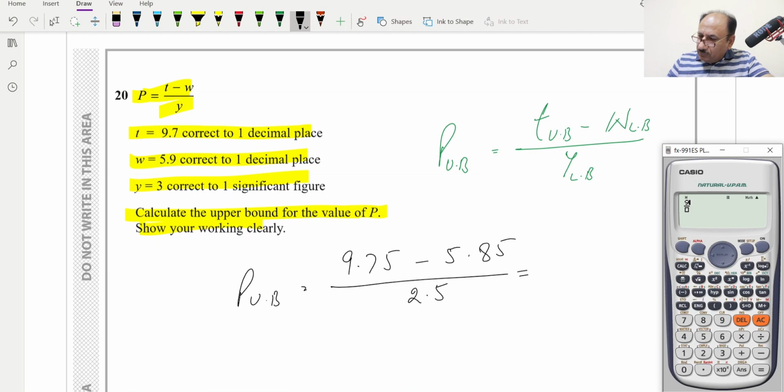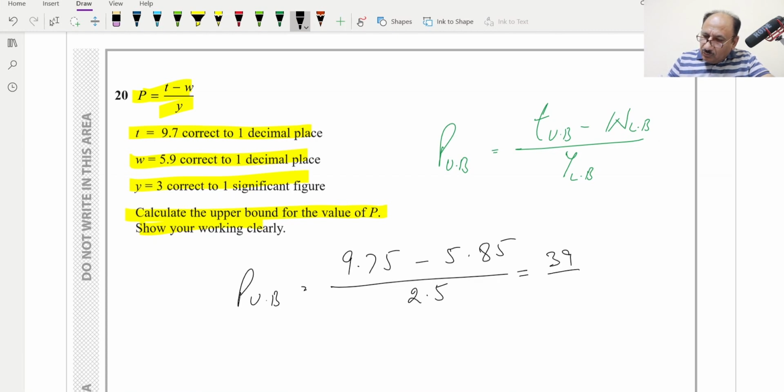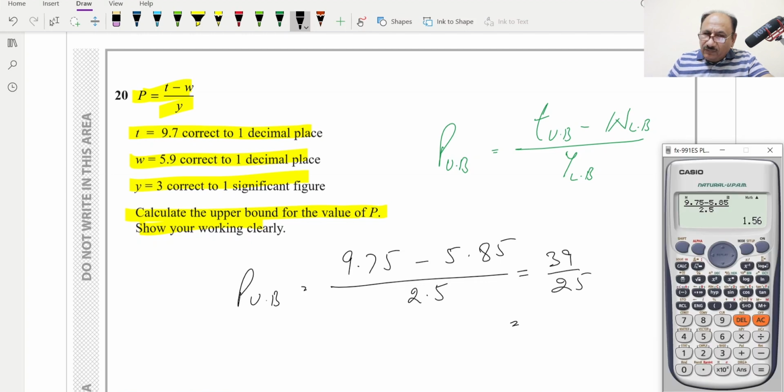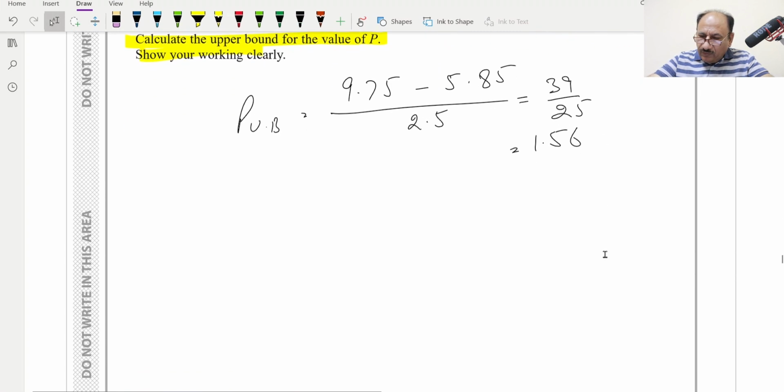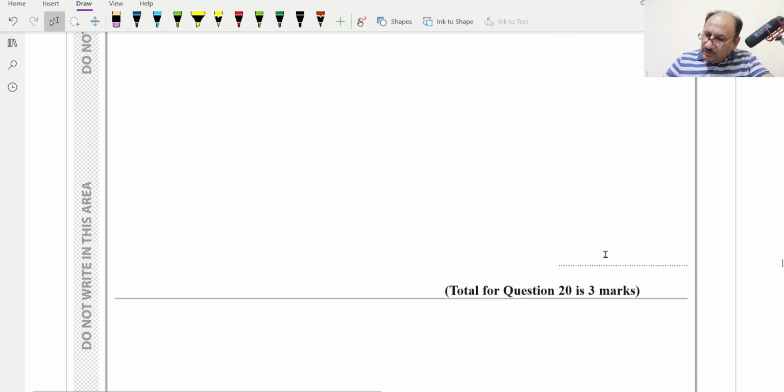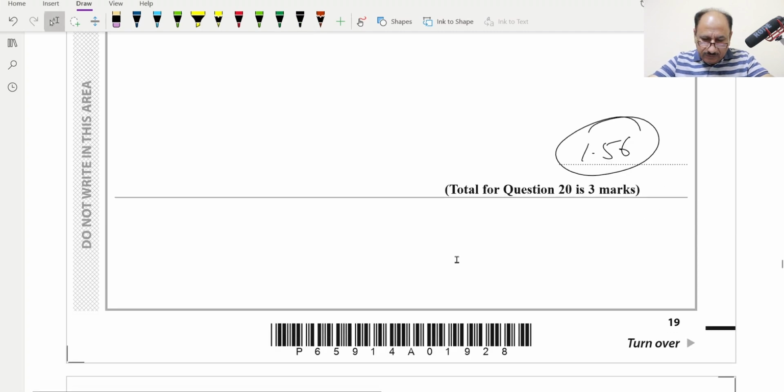So (9.75 minus 5.85) divided by 2.5 is equal to 39 over 25, which in decimal form we can write as 1.56. This will be the final answer for this question.